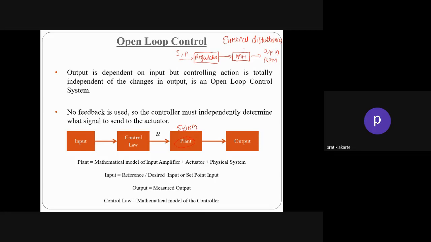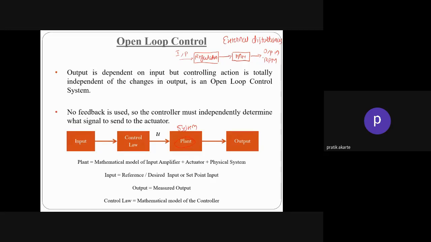No. If it is very hot outside and the room is heating like anything, and the fan is rotating at the lowest speed, will the regulator know that there are external disturbances and that it has to increase the speed? No. That is what we call an open loop control system. There is a control action which is totally independent of changes in output or external disturbances. So that is what we call an open loop control system.